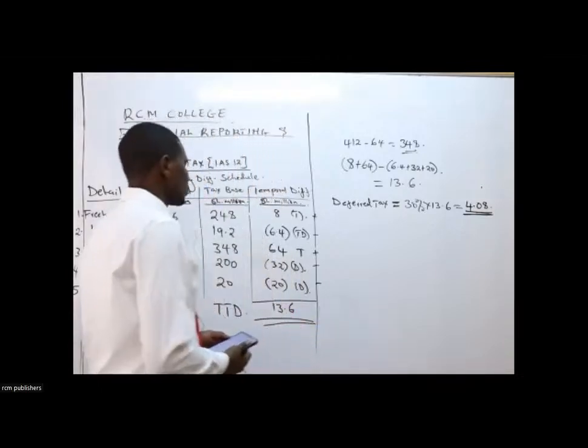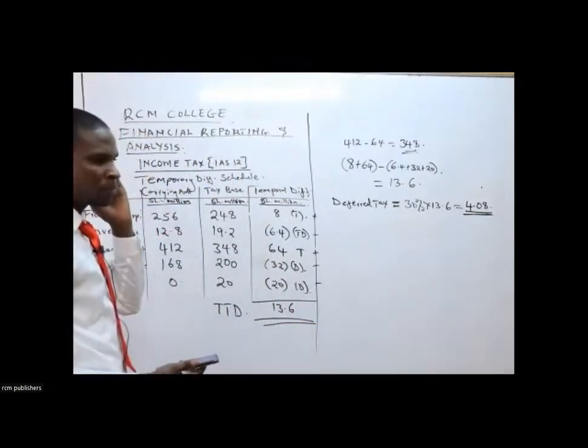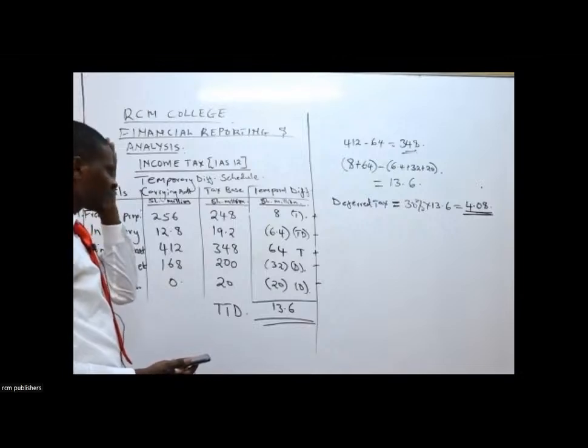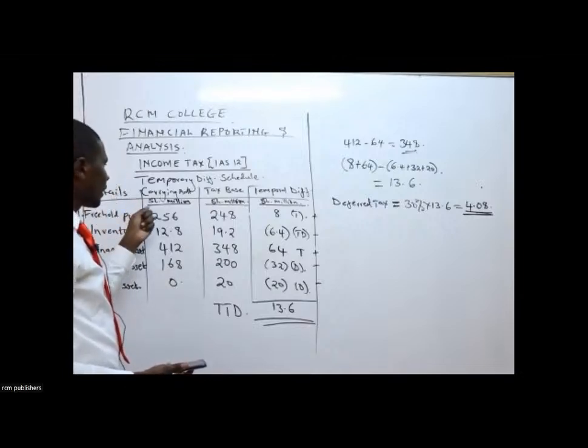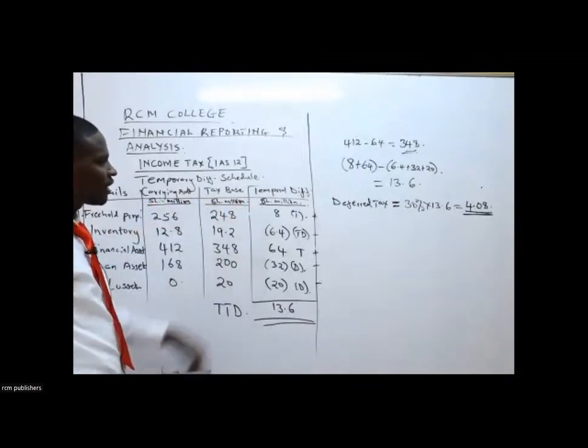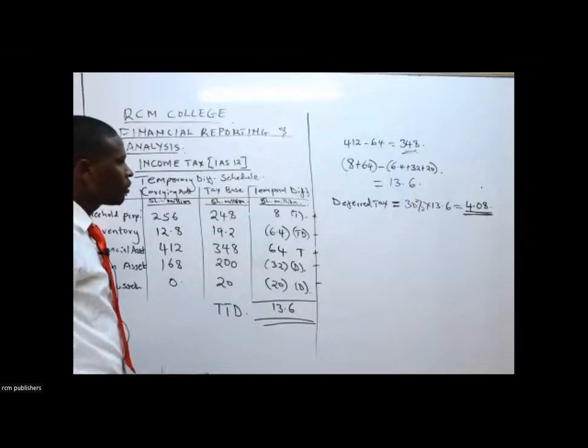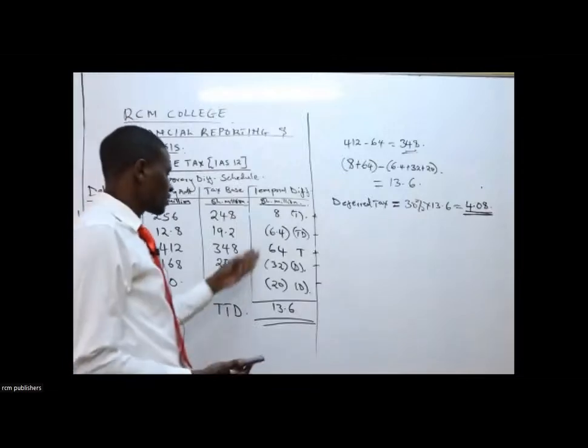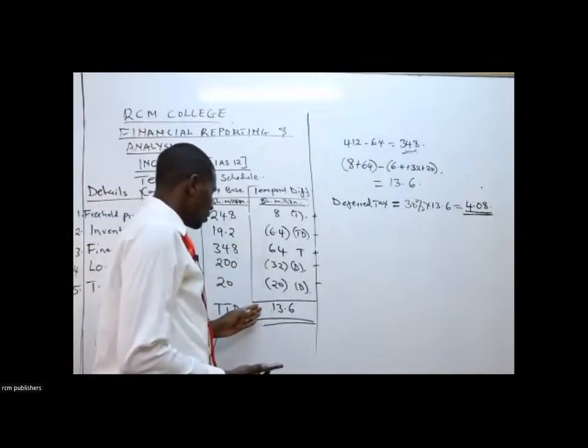So you can see the process of getting the deferred tax. First of all, you need to identify the carrying amount, and then you identify the tax base. After that, you look at the temporal difference. Then you do the summation to get the total temporal difference.